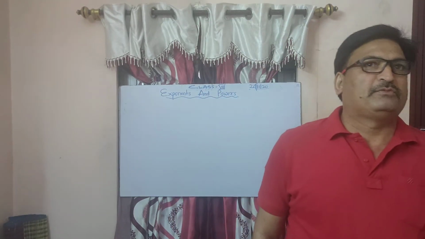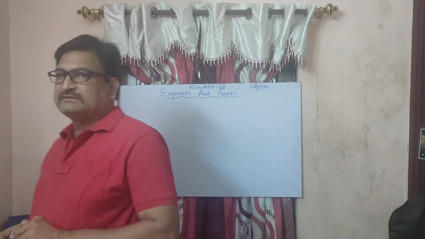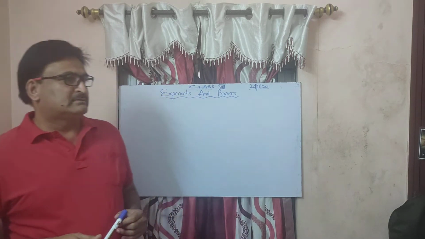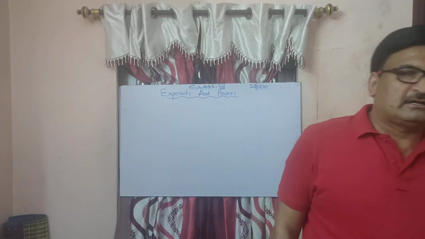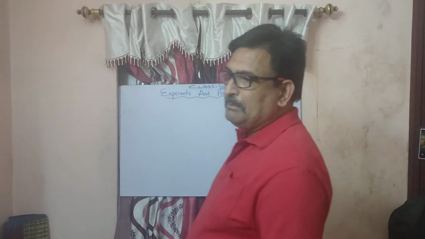In the previous class, we completed the understanding of quadrilaterals. In that topic, you might have understood various types of quadrilaterals like square, rectangle, parallelogram, trapezium, rhombus, kite.